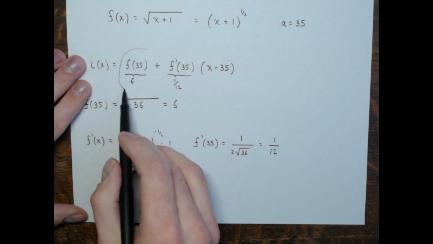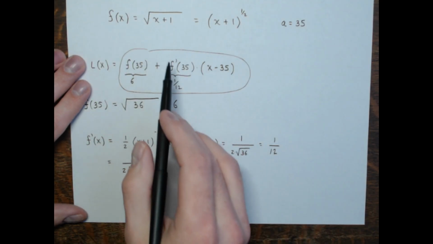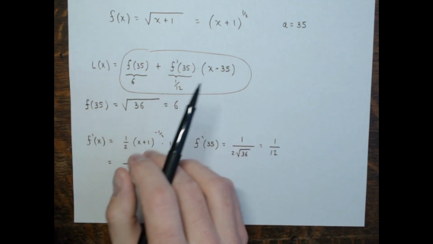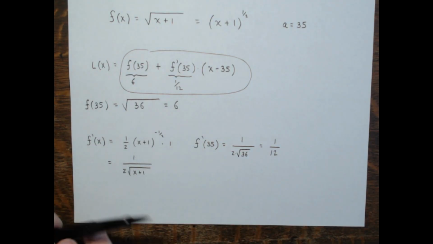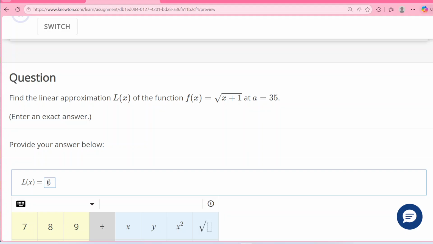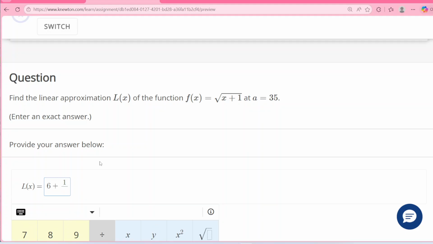And this is it. Now I'm going to enter this expression. Now again, if you want to distribute the 1/12 and put the constants together, get it in slope-intercept form, that's fine, but they are not asking for that. So L of x here is 6. That was f at 35, the function at 35, plus the slope of the tangent line at 35, which is 1/12, times the quantity x minus 35, right?